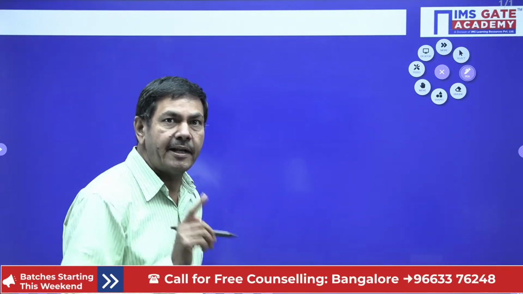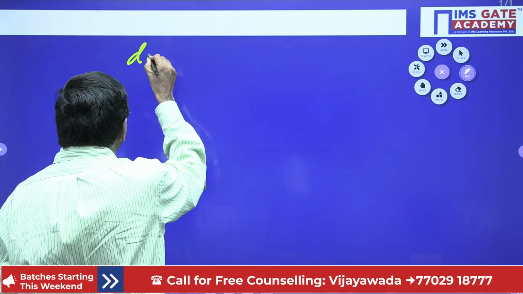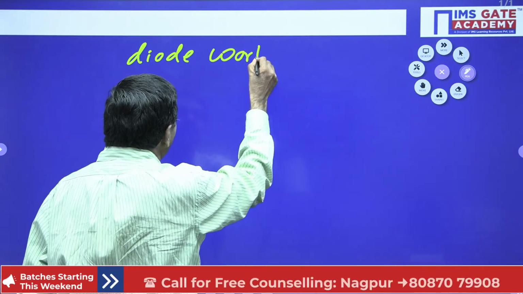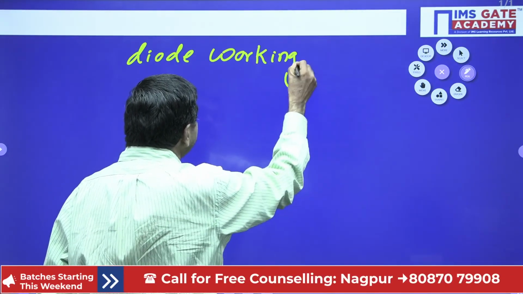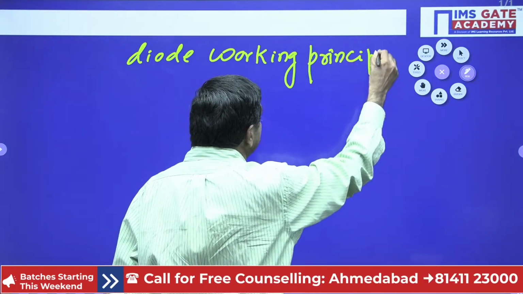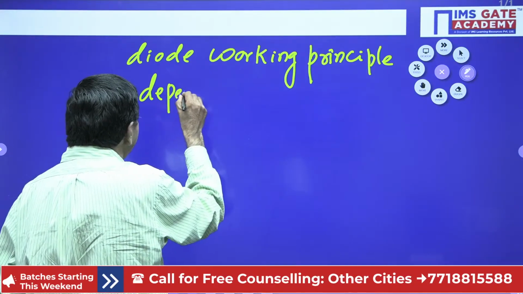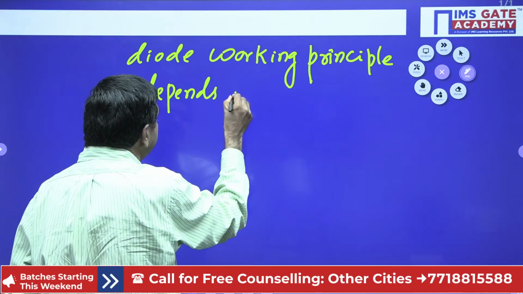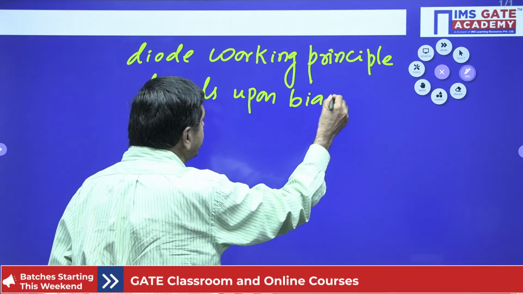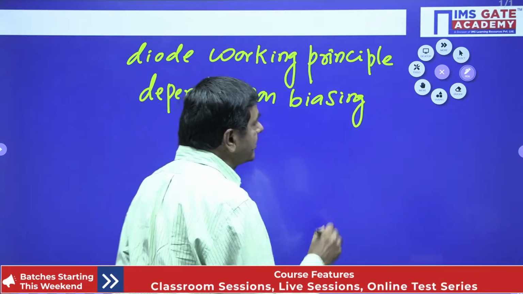That's why we can write one point here: the diode working principle depends upon the biasing of the circuit. That is very important.